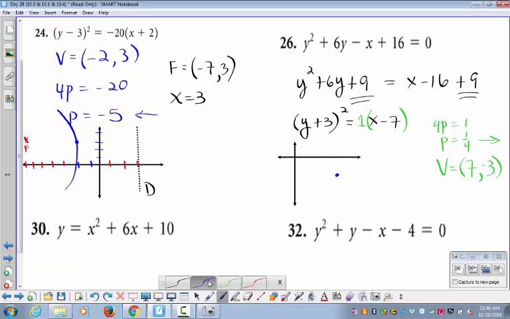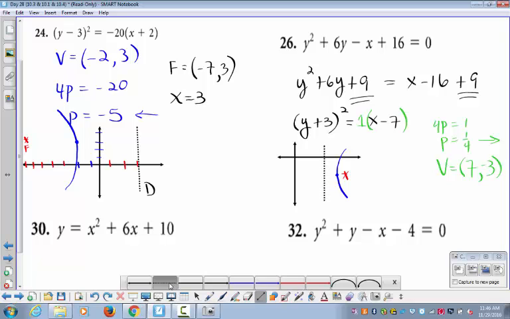Maybe we don't have to get super precise here, but we know that that's the vertex and we know it's opening right. So even just that is going to be very helpful in figuring out what comes next. So we know the focus has to be on the inside, and we know the directrix has to be on the outside. So we're dealing with something like that.